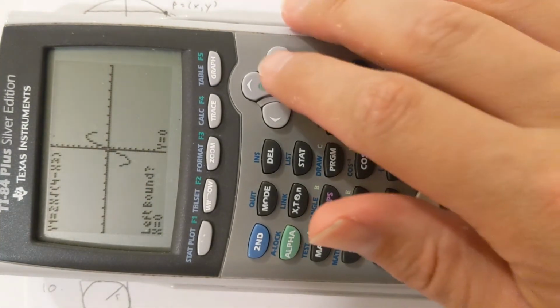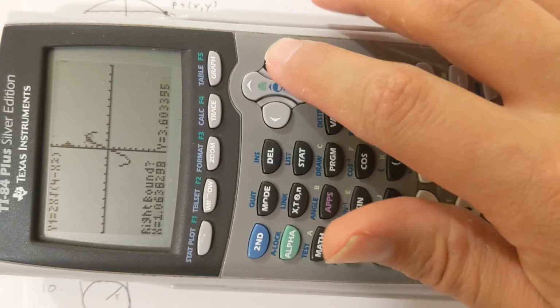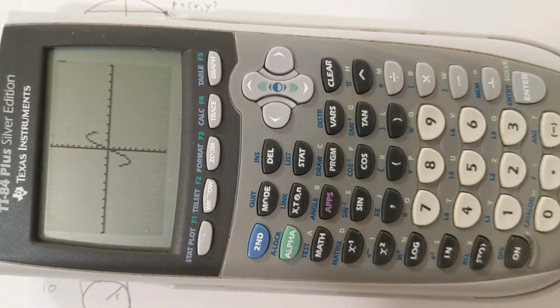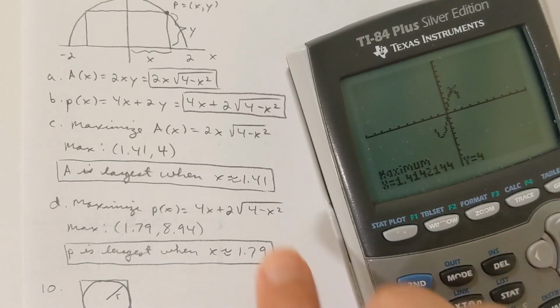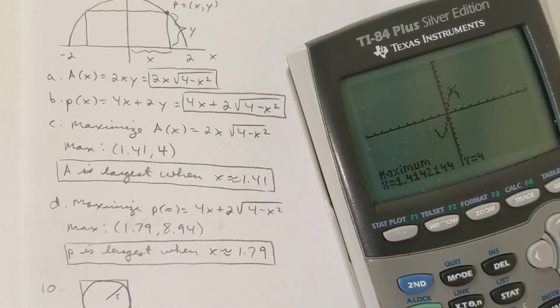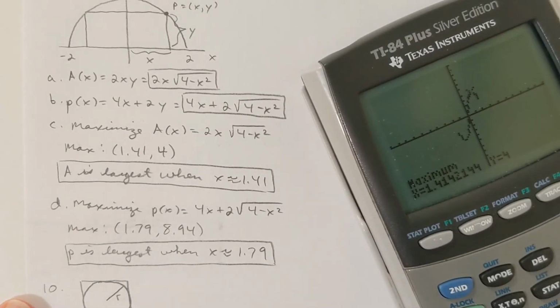Okay. Well, here's a max curve, 1.414. So the area is going to be largest when x is root 2.